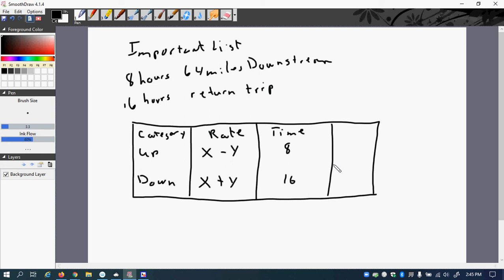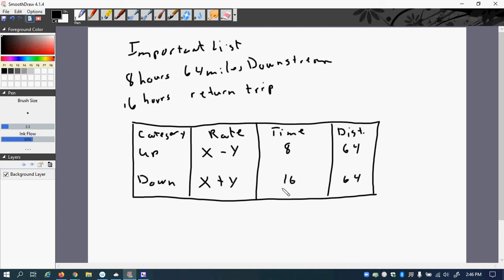And then distance. I didn't spell distance right. My distance for this one is 64. So that's taken care of.